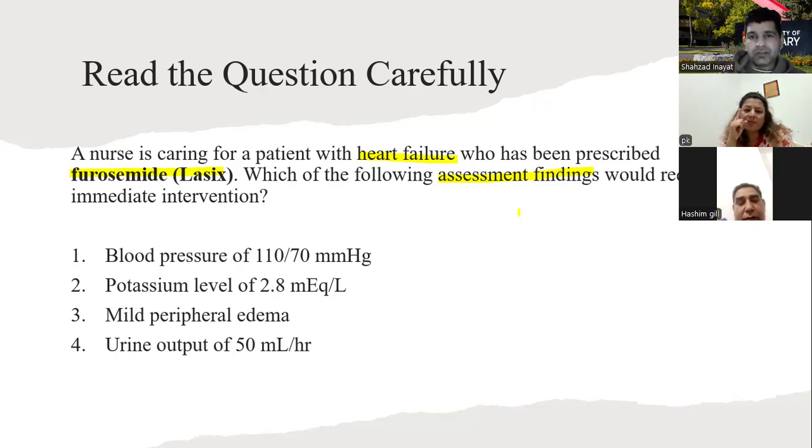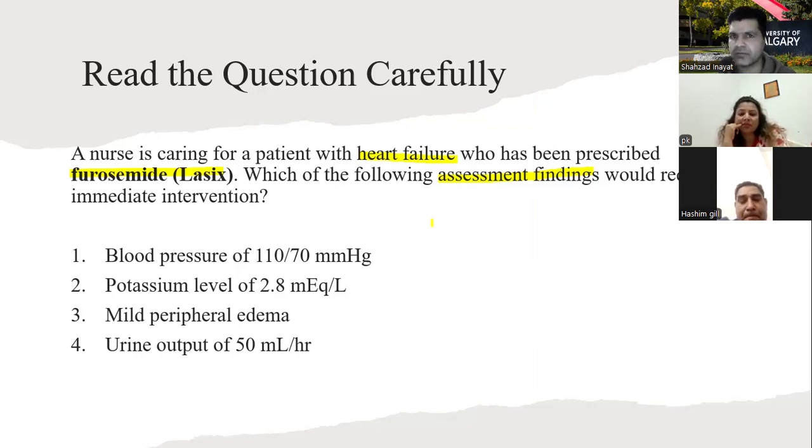Based on reading the question carefully, you need to have the knowledge regarding heart failure. Heart failure is a condition where the heart is not capable of meeting the body's oxygen demand, as the pumping ability of the heart is compromised. The heart needs to contract forcefully to eject the blood into the systemic circulation.